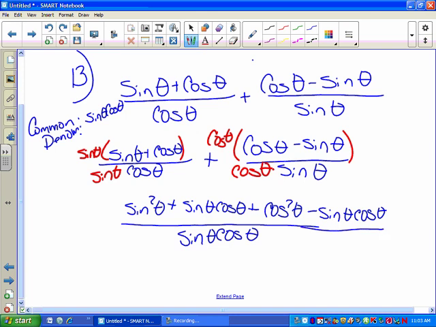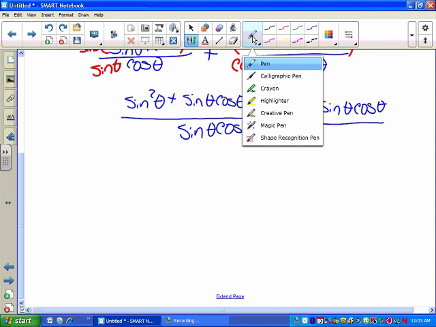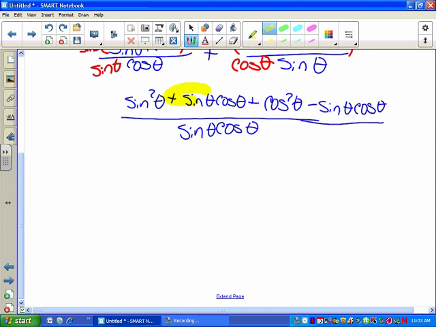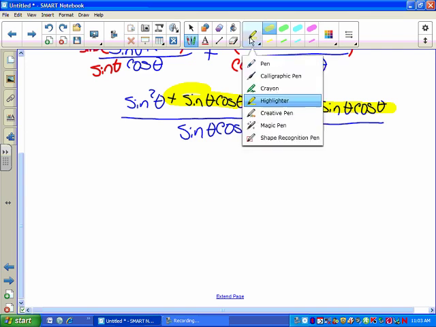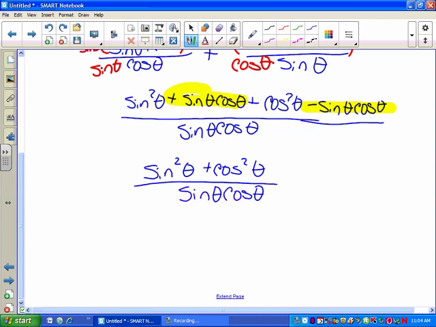Okay, I bet there's some simplification we can do here. Let me highlight it for you. See this plus sine theta cosine theta and the minus sine theta cosine theta. That's going to go away. So that's nice. So we'll end up with sine squared theta plus cosine squared theta over sine theta cosine theta.